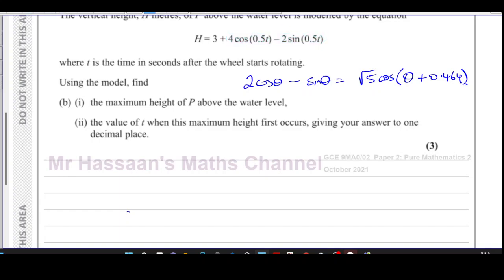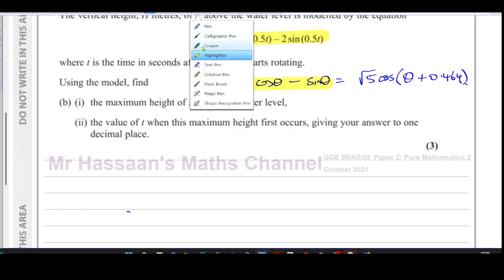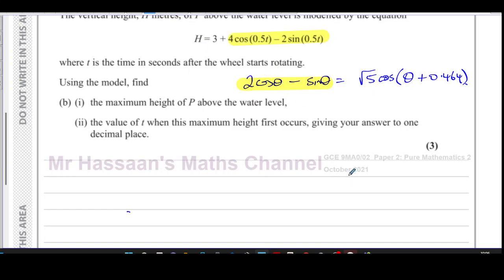Especially this part here, with this part here. How can I think of them, or how can I compare these to help me solve the problem? Now, first of all, I have 4 times cosine of an angle minus 2 times sine of the same angle. Here I have 2 times cosine of an angle minus sine of the same angle. So I can see this is a 4 and this is a 2, this is a 2 and there's a 1 here, there's some sort of comparison.